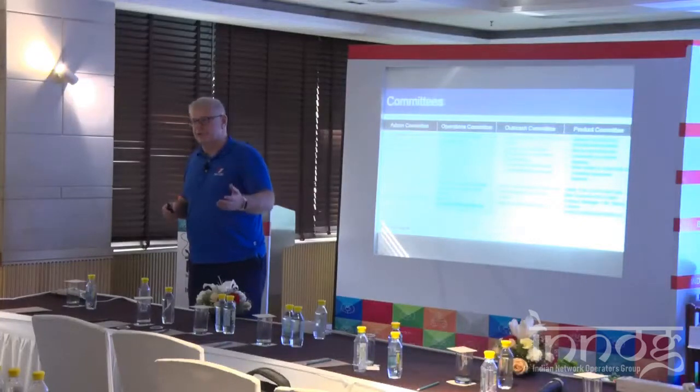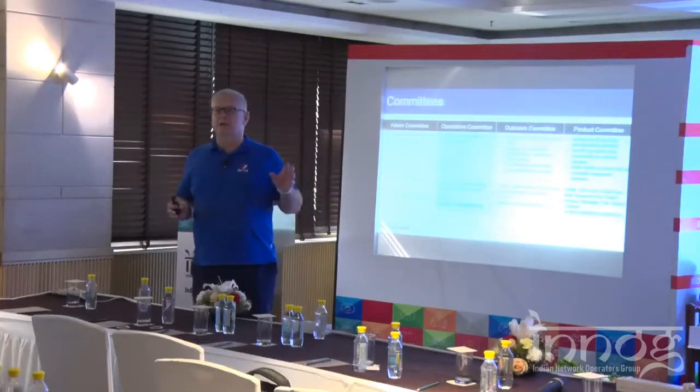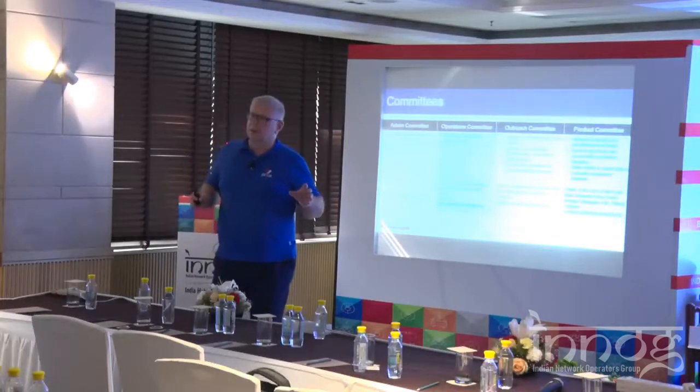which more or less is our support department. Whenever you want to register an object, if you register your ASN or a facility or an internet exchange, this would basically create a ticket in our support department.